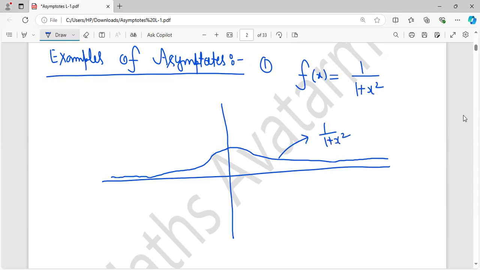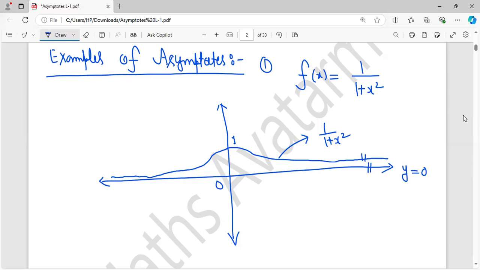Maybe because I am drawing this graph by hand, it will not look as accurate as it is in real. Nevertheless, this is the graph. So this is one. Now you see that when this curve extends to infinity, the distance between the points on the curve and this straight line is tending to 0. So what is the equation of this straight line? y is equal to 0.